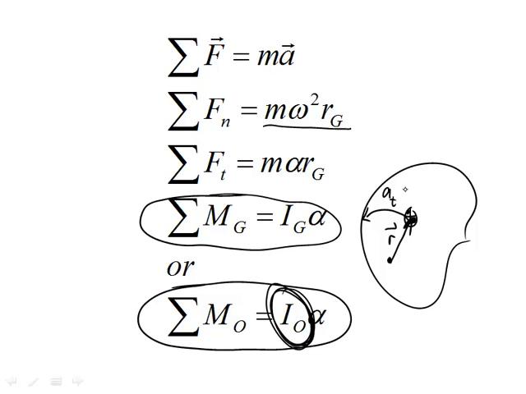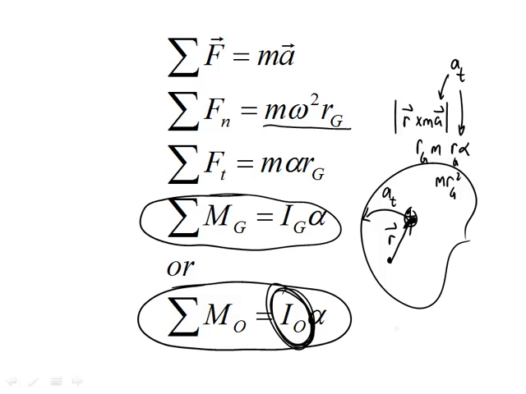So only the tangential will actually apply a moment, and so r cross ma will have a magnitude of r sub g times m times a, which is r times alpha, because all that counts is the tangential acceleration. Well, what do we get? We get m times r sub g squared, because this is also r sub g.